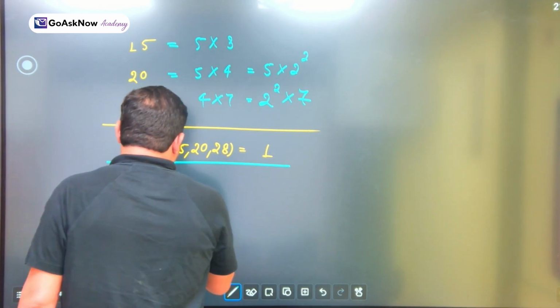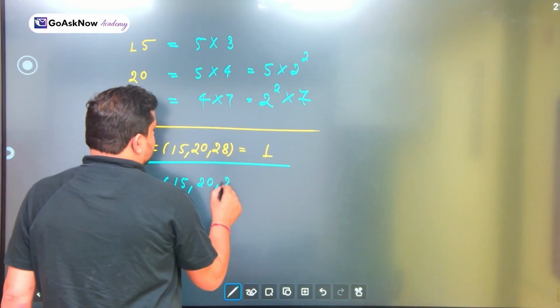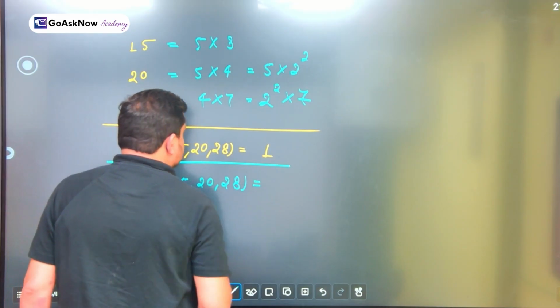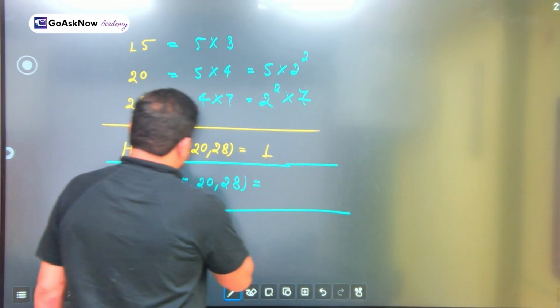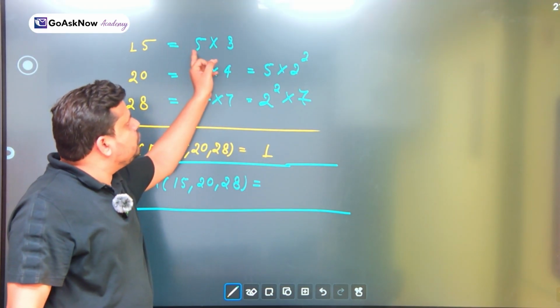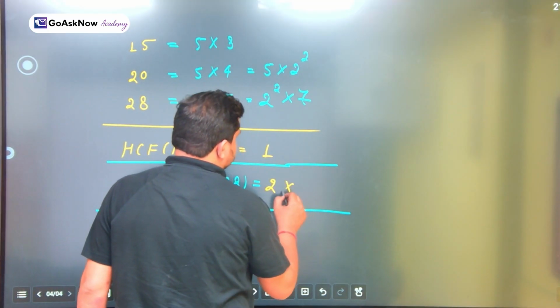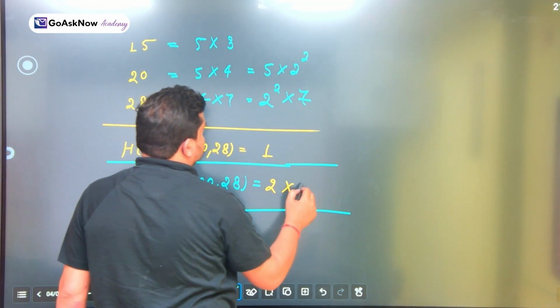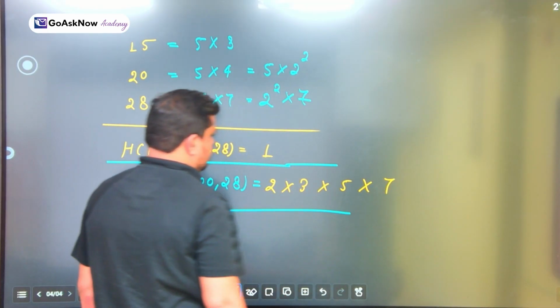Now, for the LCM of 15, 20 and 28. Here we can find that while taking the LCM, we first write down all the prime factors occurring in all the numbers. 2 is a factor, 3 is a factor, 5 is a factor, and 7 is a factor.